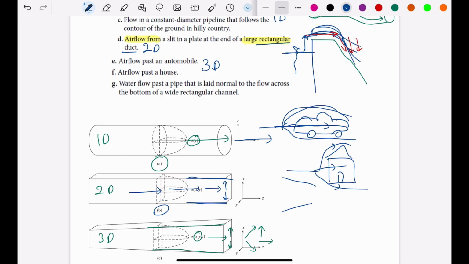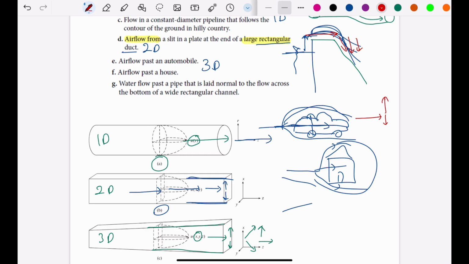It can go around this car or house, and in the car it can get these sides because these shapes are not constant, so that we can have a flow in this direction. It can go up and down.